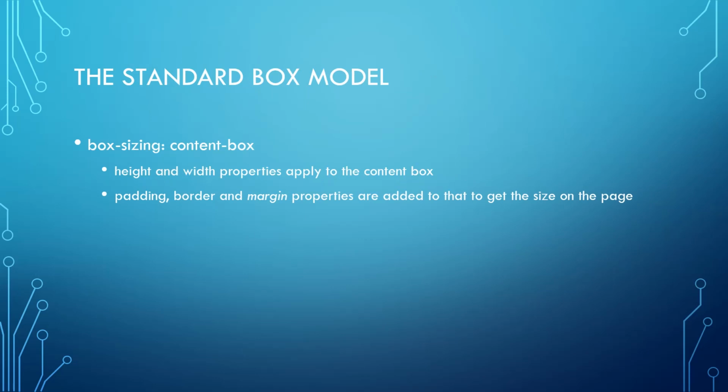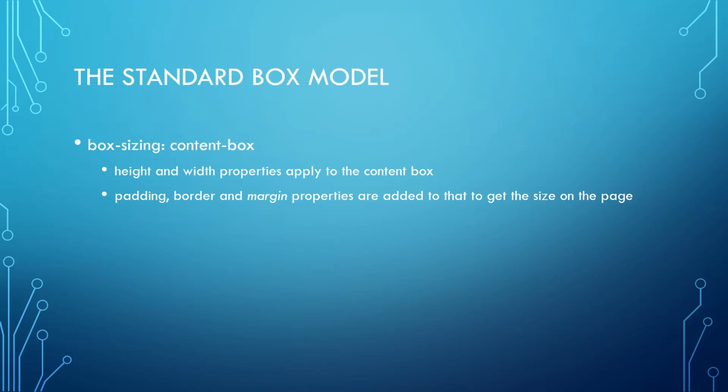So in the standard box model that we've learned before, really box-sizing: content-box, the height and width properties apply to the content box, that is the center of the content. Then padding, border, and margin properties, which are commonly expressed, are added to that to get the size on the page.